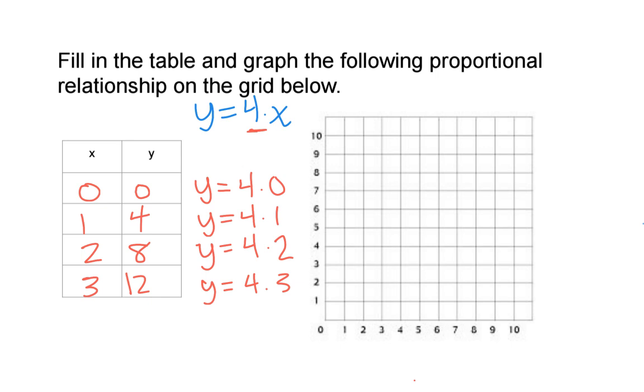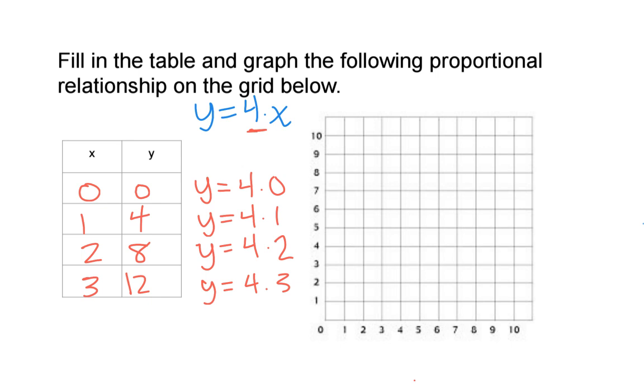So something that you might notice when you look at this table is a little bit of a pattern in that y column, and that comes back to the constant of proportionality. So remember we said that the constant of proportionality is 4 in this equation.